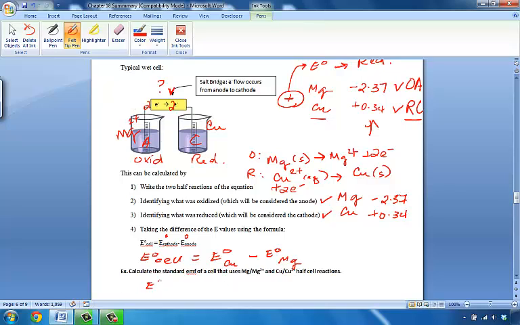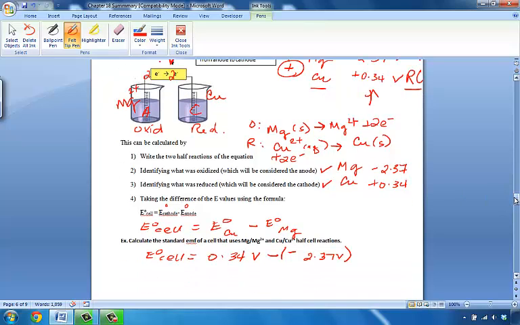How do we calculate that? E naught of the cell equals E naught of the copper is 0.34 volts minus the E naught of our magnesium, which is negative 2.37 volts. All right, let's see what happens.